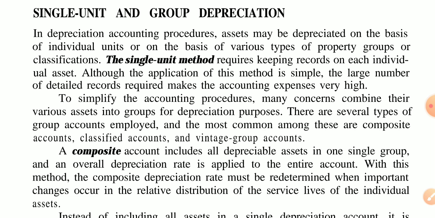A composite account includes all depreciable assets in one single group, and an overall depreciation rate is applied to the entire account. With this method, the composite depreciation rate must be redetermined when an important change occurs in the relative distribution of the service lives of the individual assets.